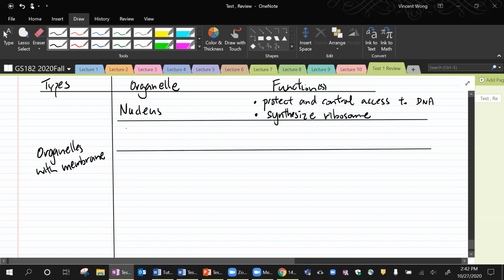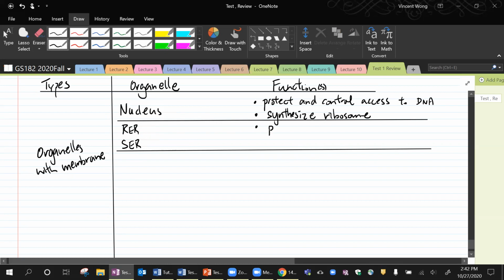And then the next one, we have the rough ER and smooth ER. The rough ER is a direct continuation from the nuclear envelope, and then the smooth ER is a direct extension of the rough ER.